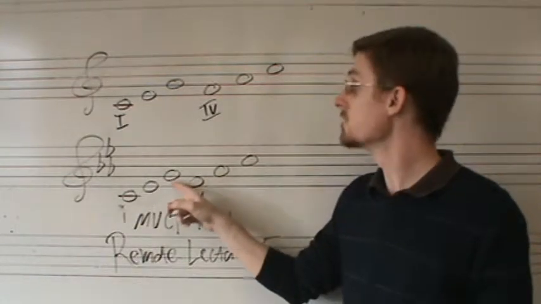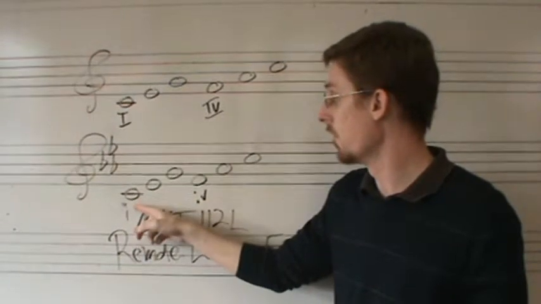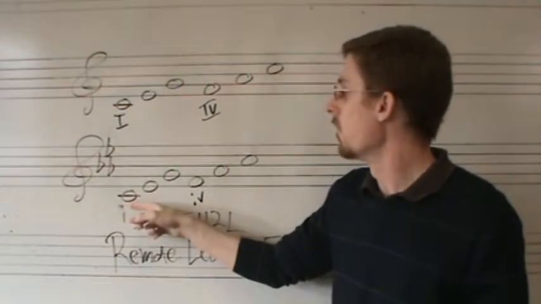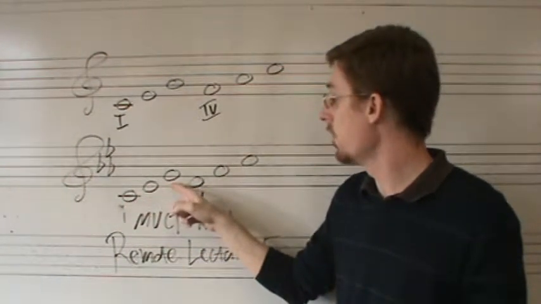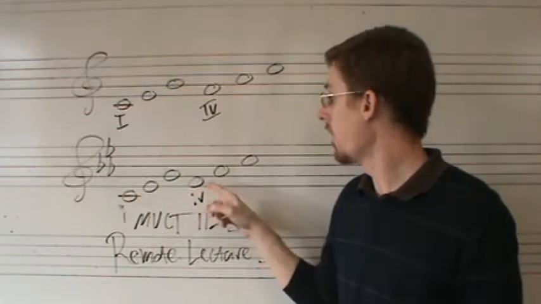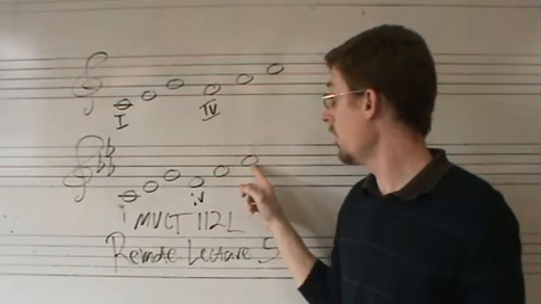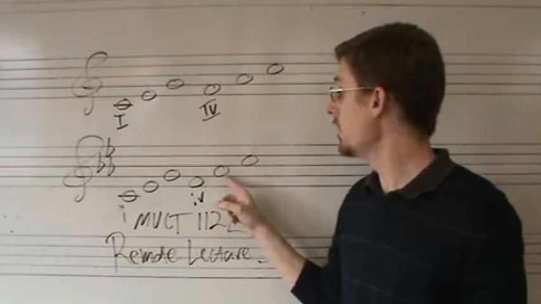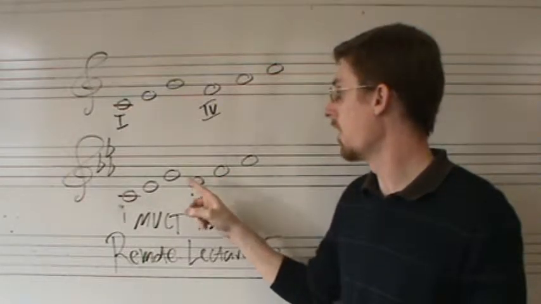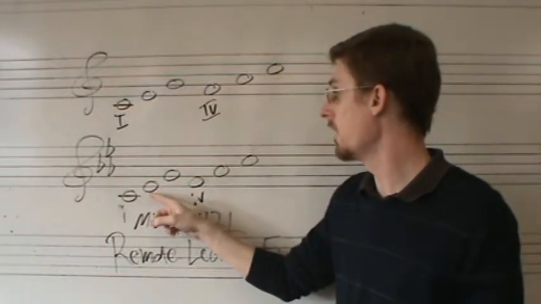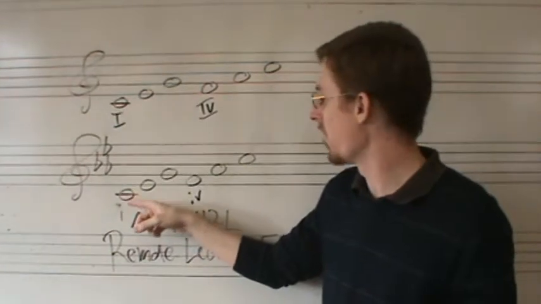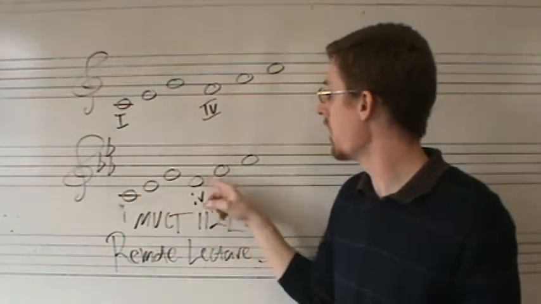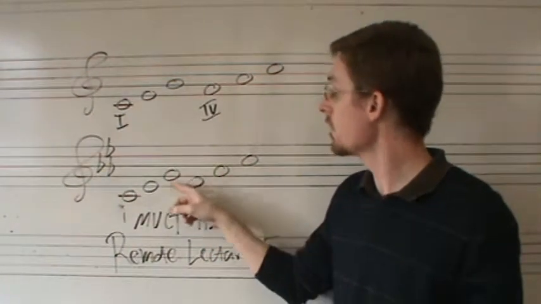Back to one. Sol, mi, do. All the way through. Do, mi, sol, fa, le, do, do, le, fa, sol, mi, do. I think I found a wrong place here. Do, mi, sol, fa, le, fa, sol, mi, do.